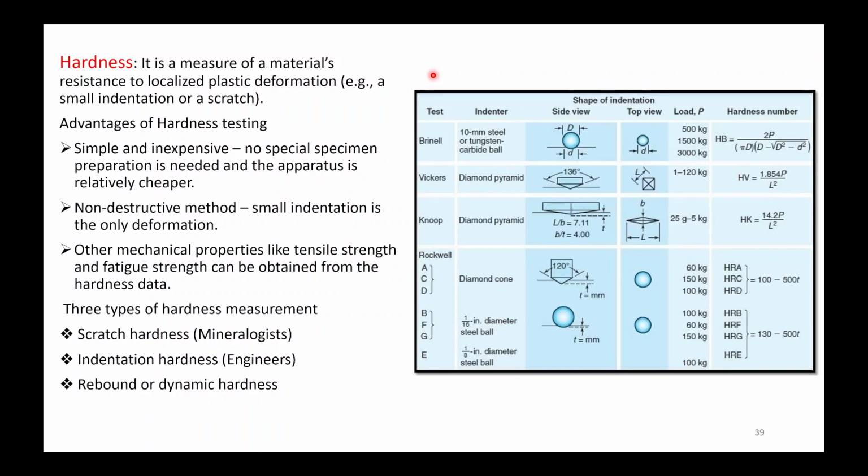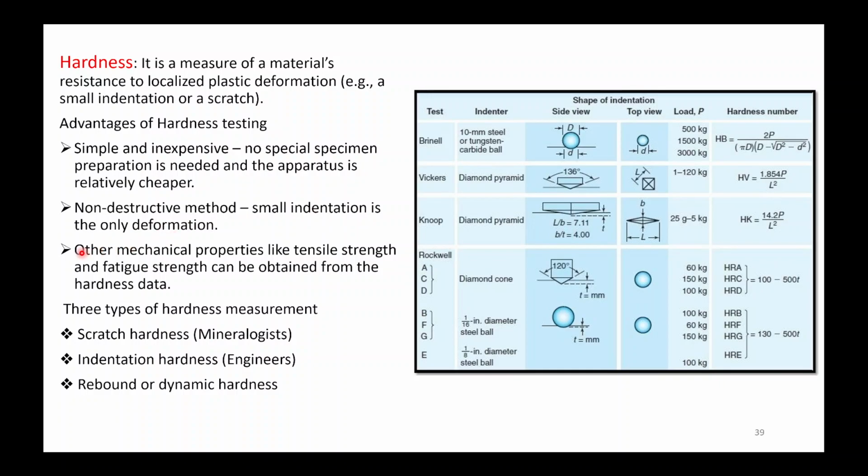Another property is hardness. It is the measure of a material's resistance to localized plastic deformation, which can be either a small indentation or scratch. Advantages of hardness testing: these tests are simple and inexpensive to perform, no special specimen preparation is needed, and the apparatus is relatively cheap. It is a non-destructive method, with only a small indentation as deformation.